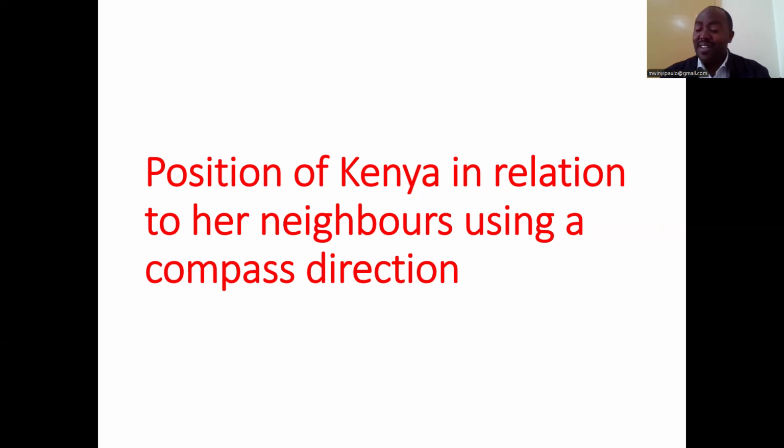Do you remember in grade 4, there is an instrument that we learned that shows directions? What was its name? I can hear you saying the compass. Super. So we shall use the compass to show the position of Kenya in relation to her neighbors.